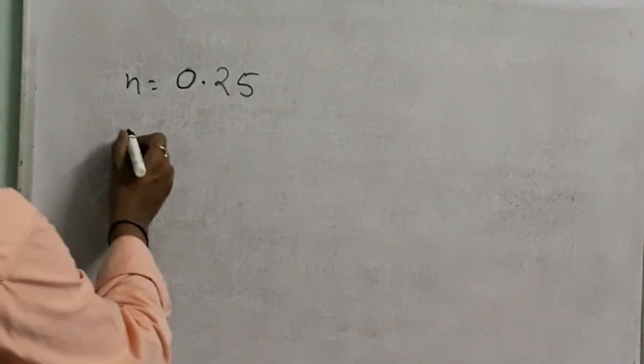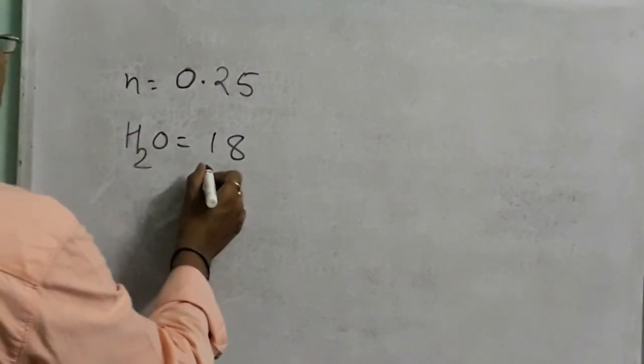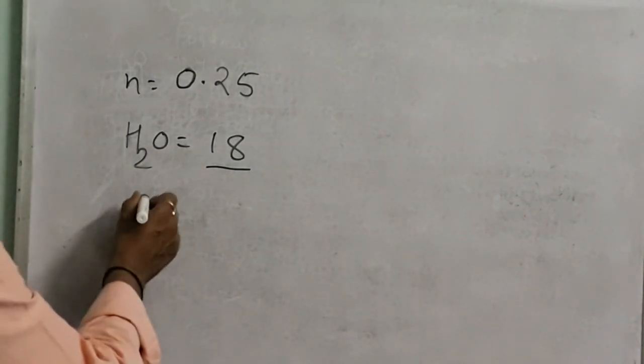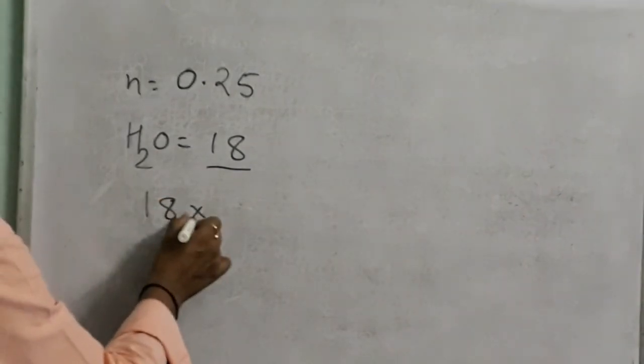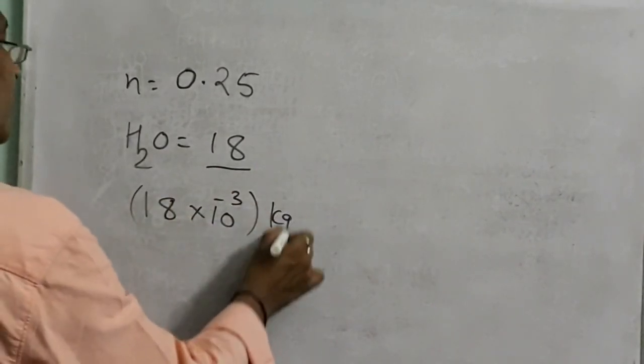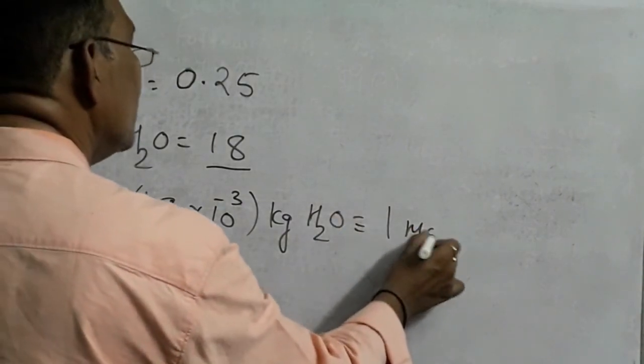So we know the molecular formula of water is H2O, its molar mass is 18. And this molar mass, if we take this much mass, always corresponds to 1 mole, and therefore we can straightaway write 18 into 10 to the power minus 3 kilogram of water always corresponds to 1 mole.